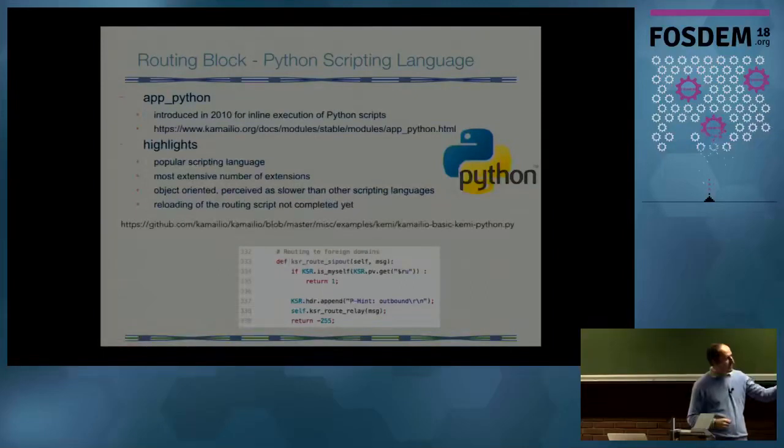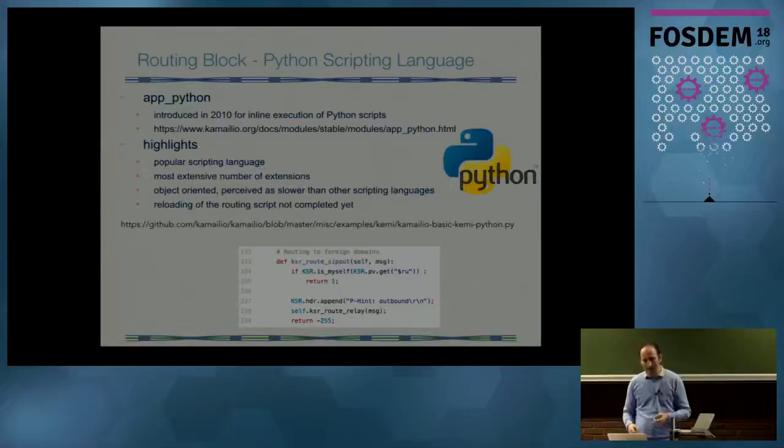This is the equivalent of an existing Kamailio routing block, but the benefit would be to plug in your own libraries and mix the code. From the Kamailio point of view, you just get a new module, KSR, standing for Kamailio SIP routing, with a lot of other submodules and functions.